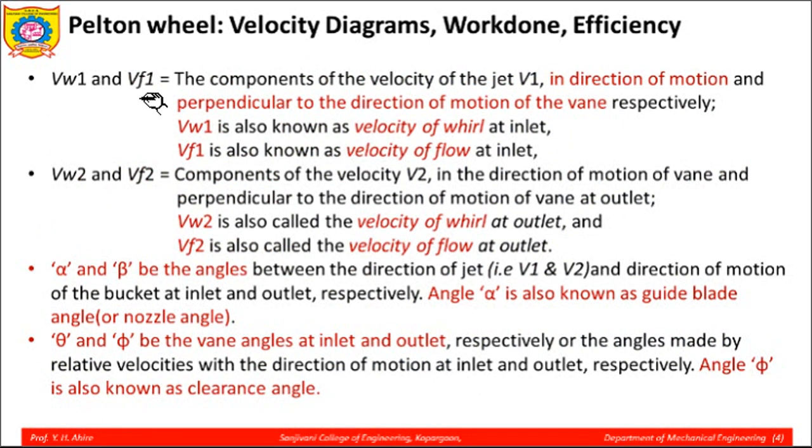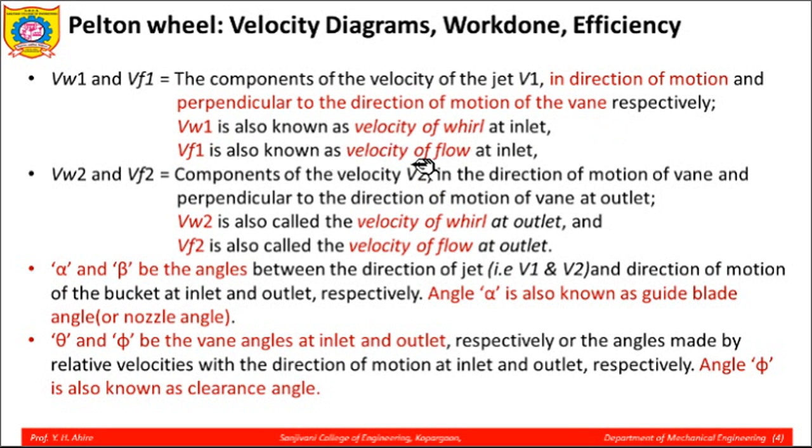Let VW1, VF1 be the components of the velocity of the jet V1 in the direction of motion of the bucket and perpendicular to the direction of motion of the vane. VW1 is known as velocity of whirl at inlet.